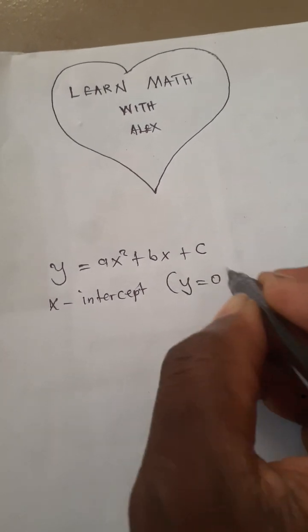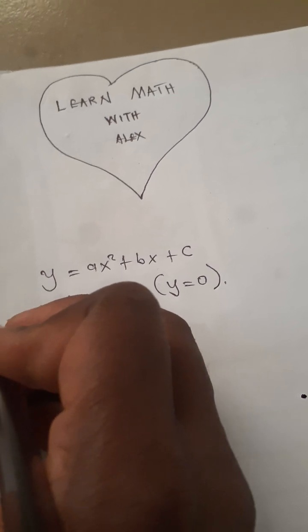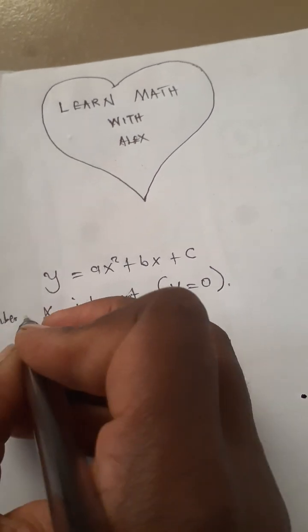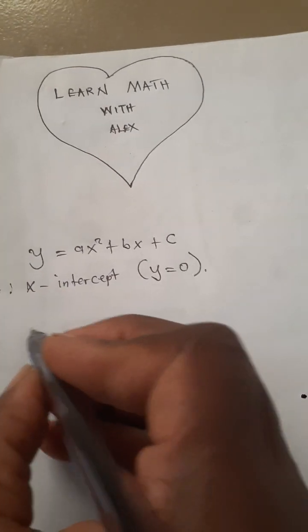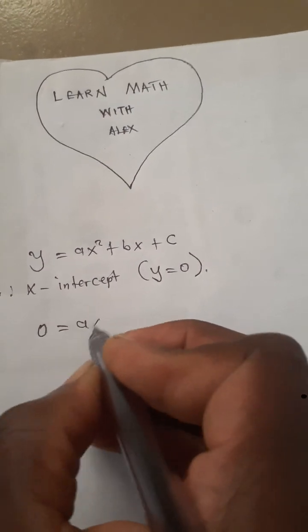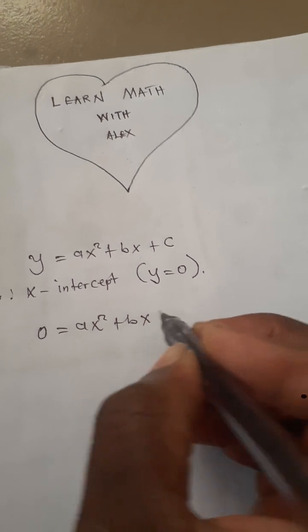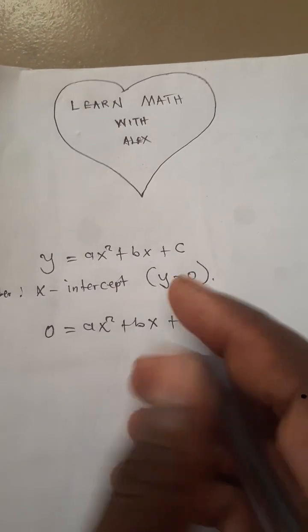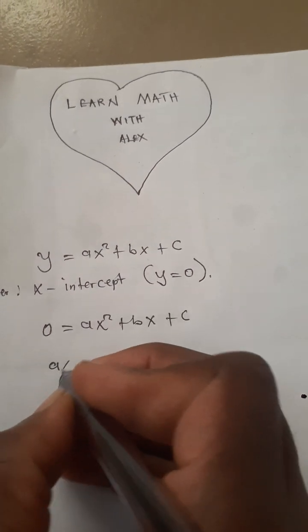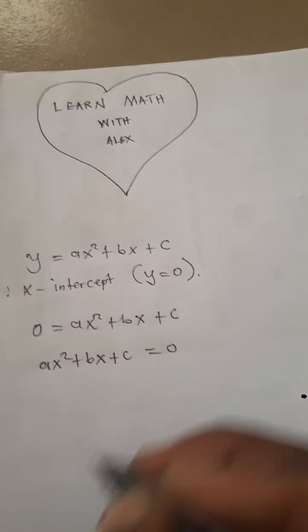Remember that at the x-intercepts y is equal to 0, so our function becomes a quadratic equation: 0 is equal to ax squared plus bx plus c. This is the same as ax squared plus bx plus c is equal to 0.